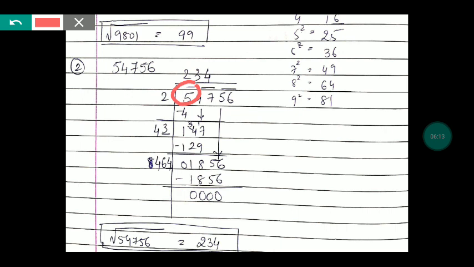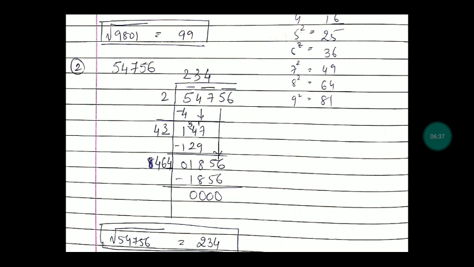Now here you will double the 2. That is 4. And you will leave one space empty. Which number you will put, that you have to think. First you bring the 47 down so that it becomes 147.